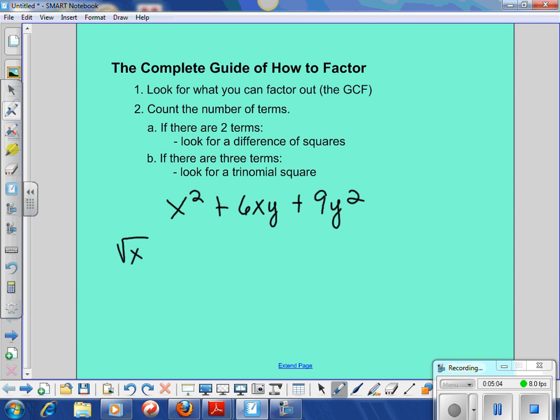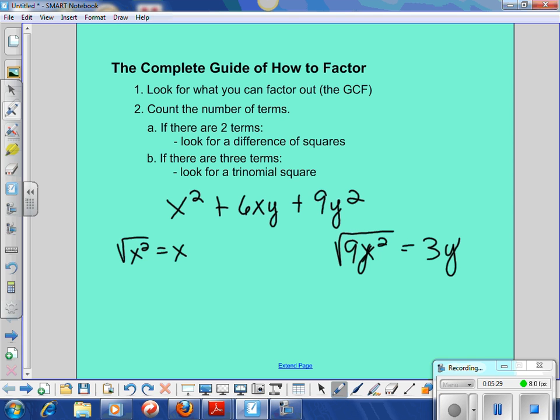Well, the square root of x squared is x, so yes, that's a perfect square. Is the last term a perfect square? So is 9y squared a perfect square? Well, yes, the square root of 9 is 3, and the square root of y squared is y. So both ends, your first term and your last term, are perfect squares.